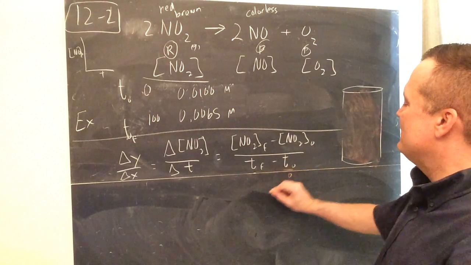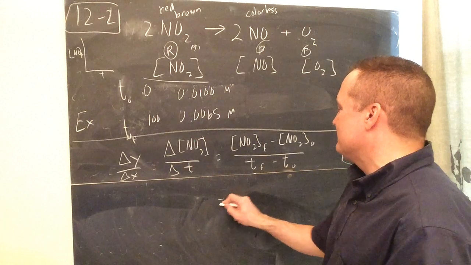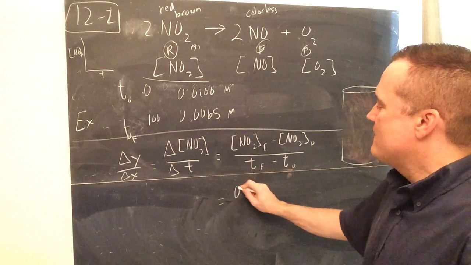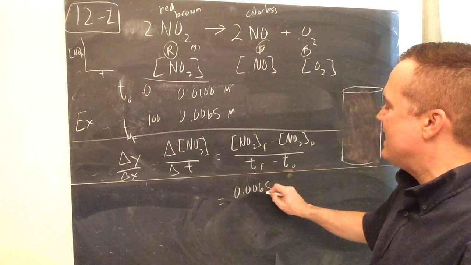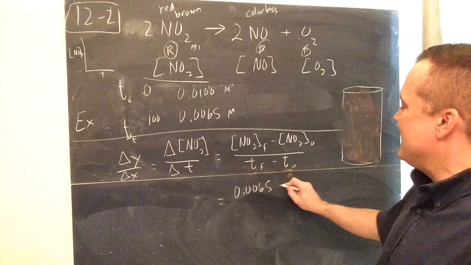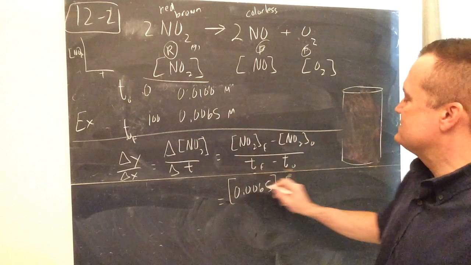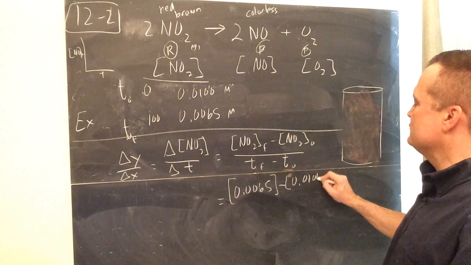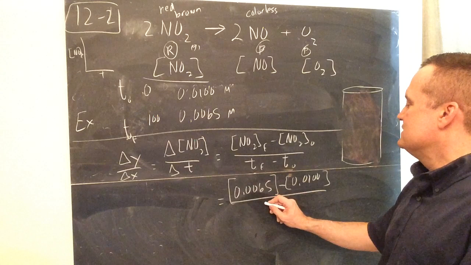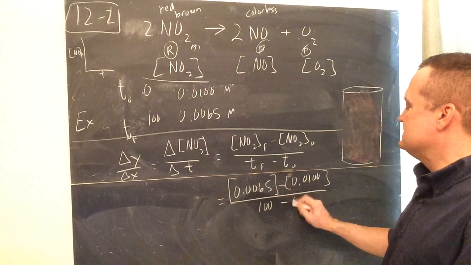Okay, let's just plug it in below. My final molarity was 0.0065 mole per liter, minus my initial, 0.0100, divided by the final time, 100 seconds, minus the initial time, 0 seconds.